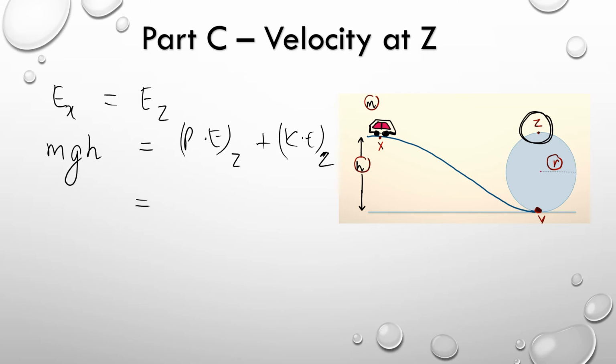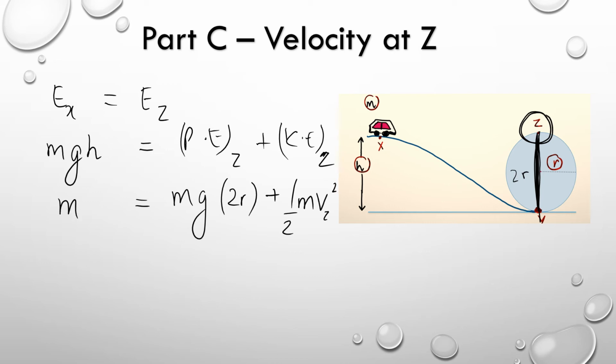Now, to find the potential energy at point z, you have to consider this height from the ground, and this is nothing but the diameter of the circle, which is 2 times the radius. So I'm going to write it as mg times the height, which is 2 times the radius, plus half m v_z squared. Now in this equation I can cancel out the masses. So gh equals 2gr plus v_z squared by 2.